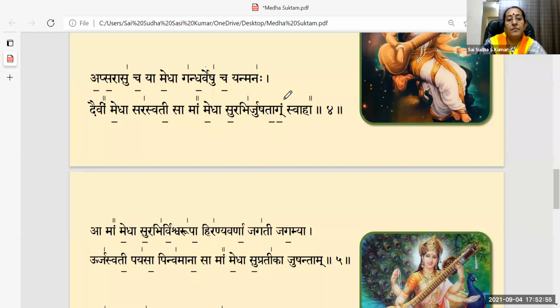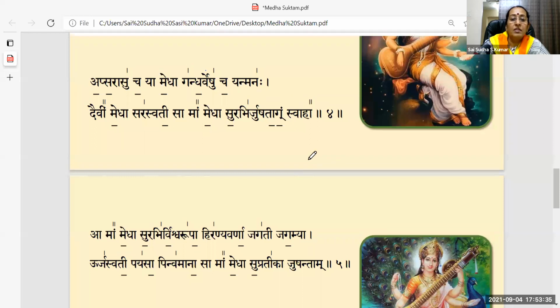Now here there is an Anuswara. Actually, I'm sorry, check it properly. Gum is always written like that, but whenever a Sanyukta Akshara follows it, it automatically becomes Gus. The symbol is the same; only when a Sanyukta Akshara follows the Gum will it become Gus. That's okay, thank you, Siddharth. So here it is Surabhirjushatag-swaha.